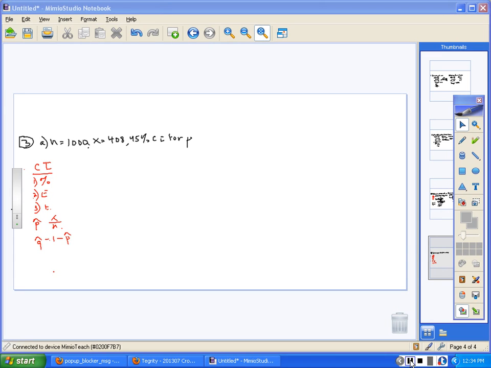Okay, so I'm going to copy down. Well, no, first let's do step 0 and find p hat and q hat. And then we'll do the 3 steps. Okay, so what I call step 0. I don't even know if that looks like a 0.